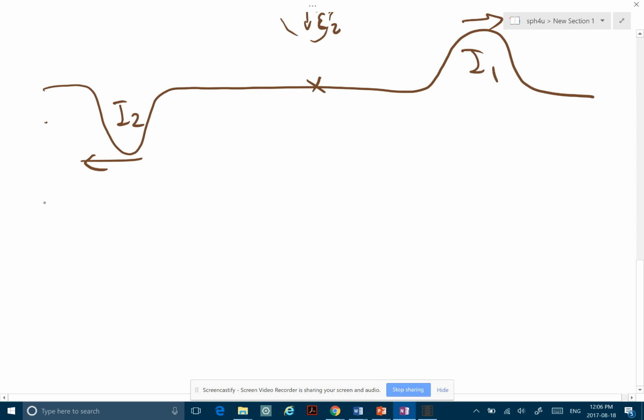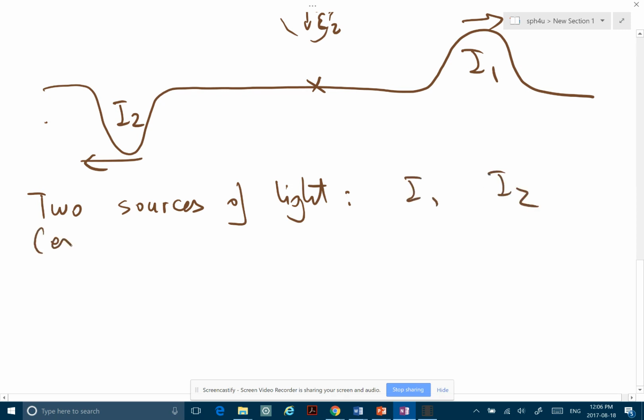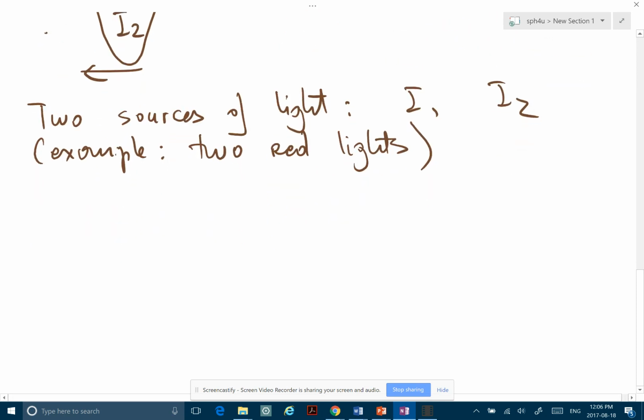Now let's think here a little bit. What if we have two sources of light, I1 and I2, let's say two red lasers? Remember they have to be coherent. So if we were to observe an interference between two sources of light, what do you think constructive interference would look like?